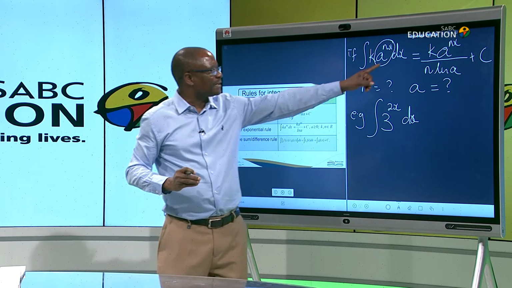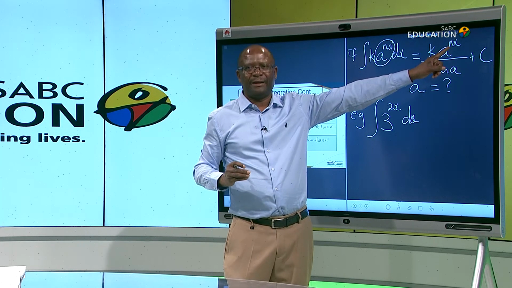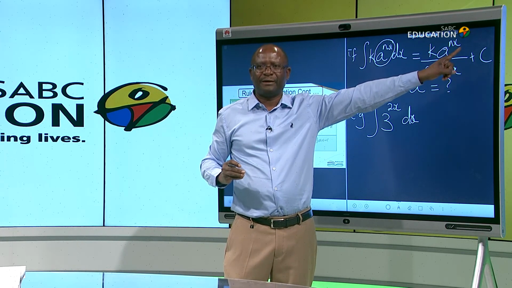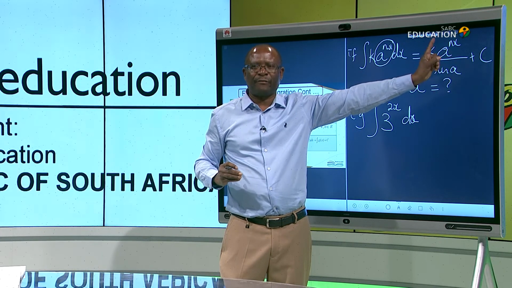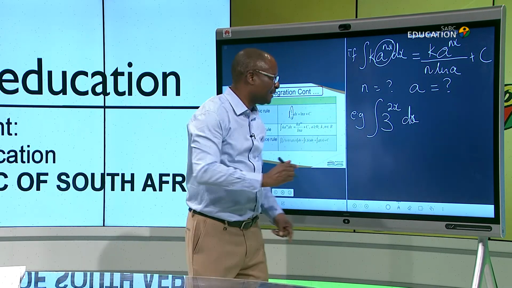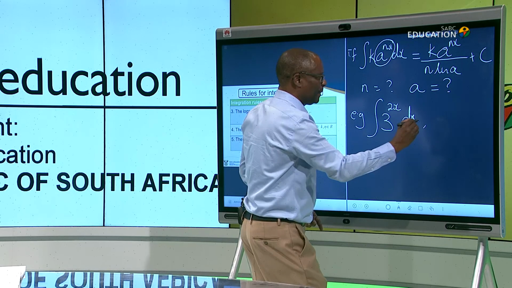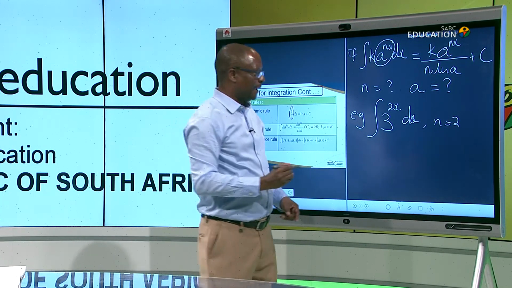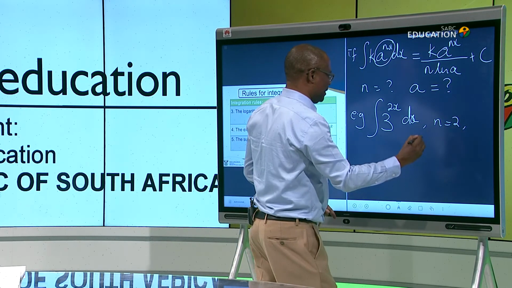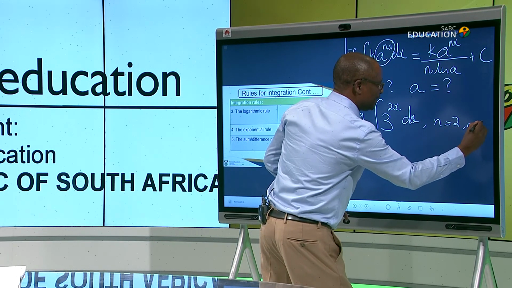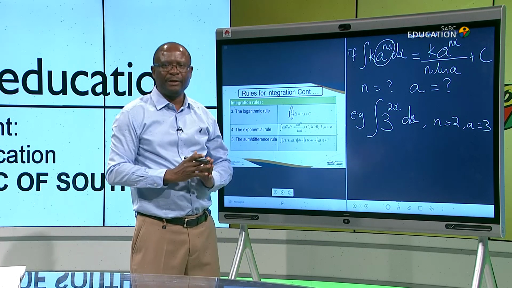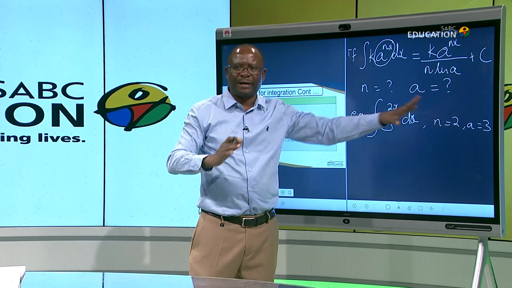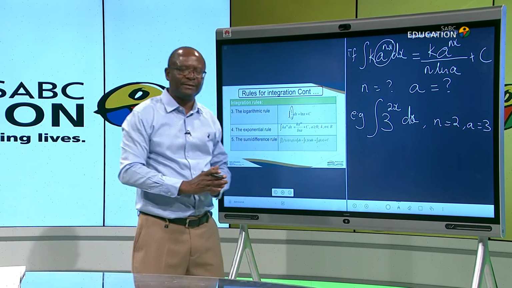From that expression, you can see that your value of n is your coefficient of x. Your value of n is your coefficient of x. Then on this example here, our value of n is equal to 2. And our value of a is equal to 3. If you can identify this, it becomes so easy for you to get the answer.